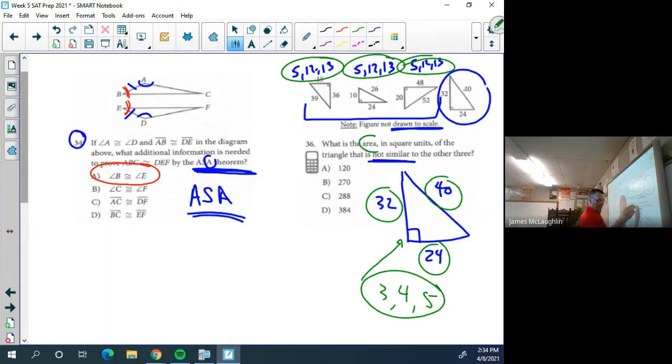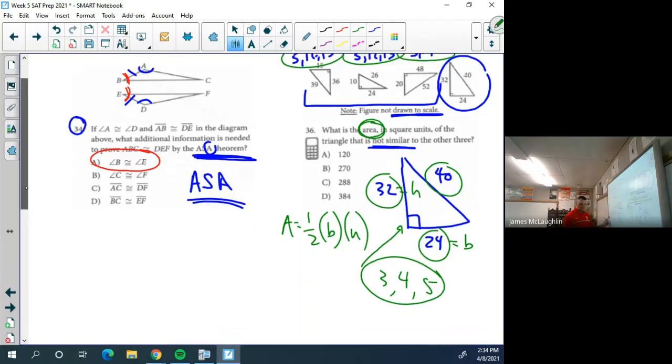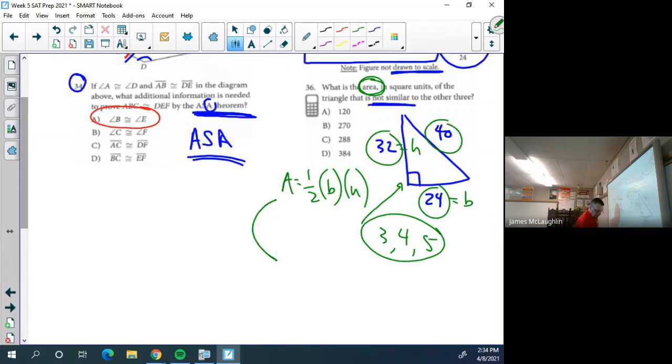Find the area of the triangle that's not similar. Okay, area is equal to 1/2 base times height. In this problem, we like to say the base is 24 and the height is 32. Area of that triangle is going to be 1/2 the base value, again, 24, height value, 32.